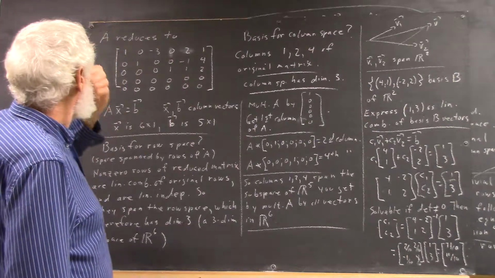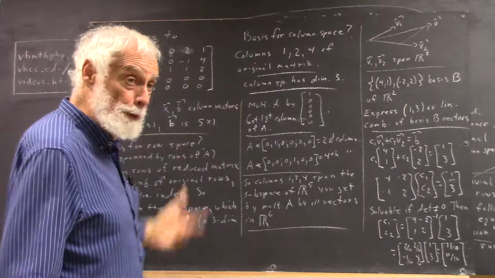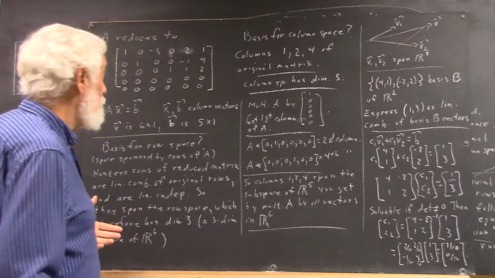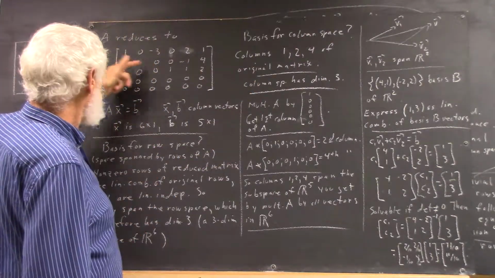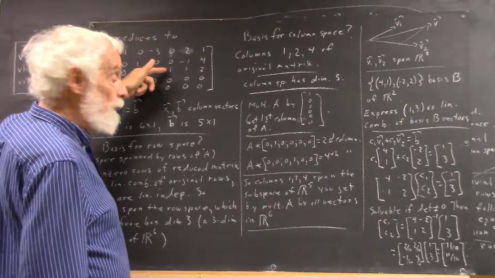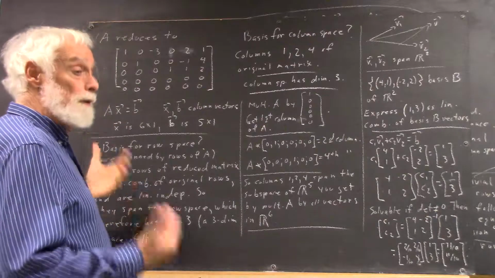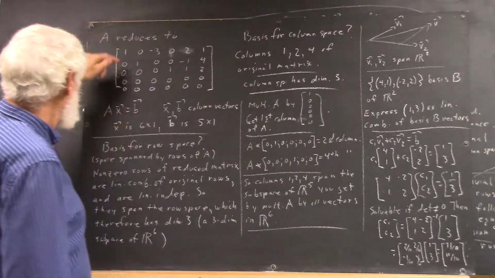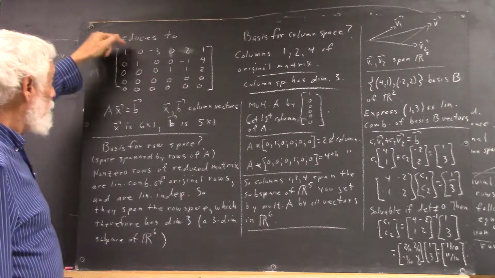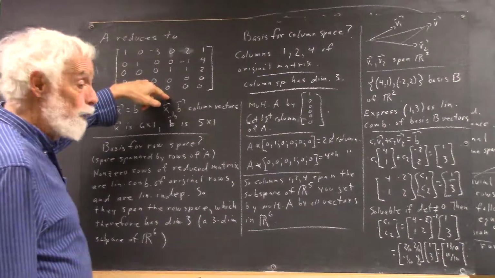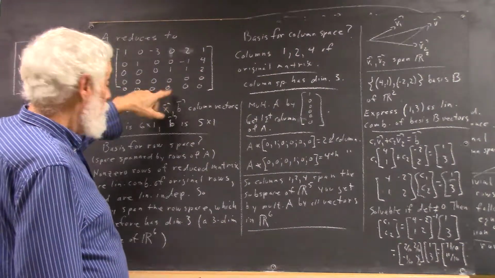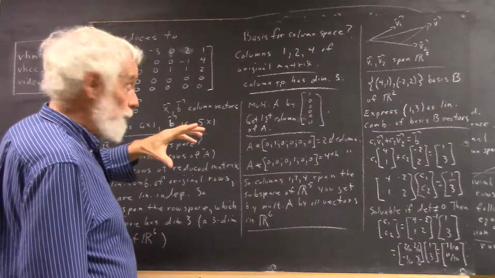Okay. Now, what about a basis for the column space? Well, we've already seen it. The leading 1s in the rows correspond to column vectors that are linearly independent. So column 1, column 2, and column 4 would be linearly independent.